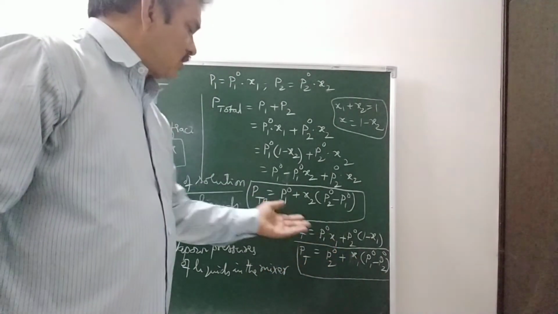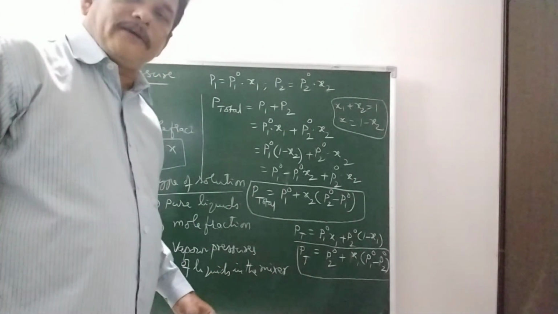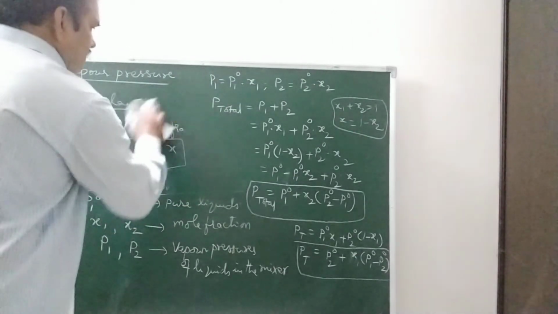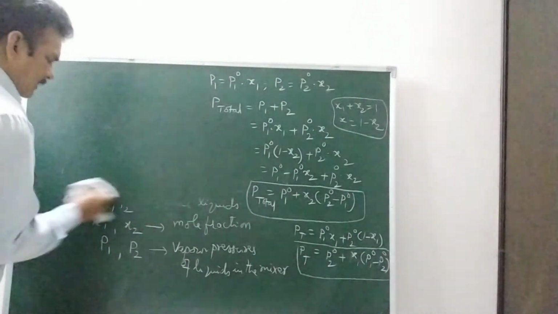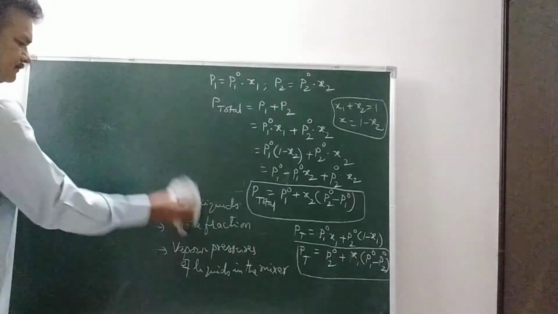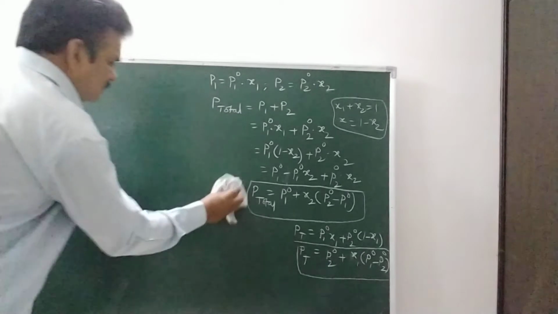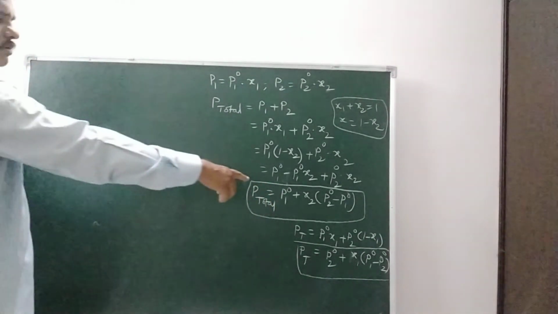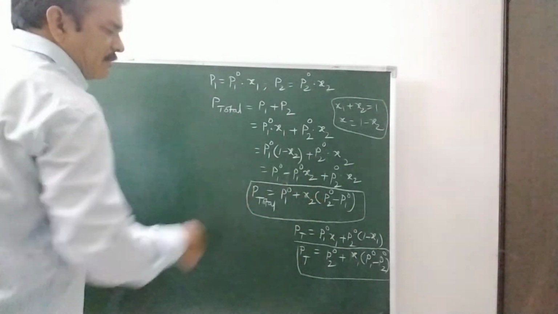So this is one observation. And another observation is, P total is equal to P1 naught plus x2 into P2 naught minus P1 naught.